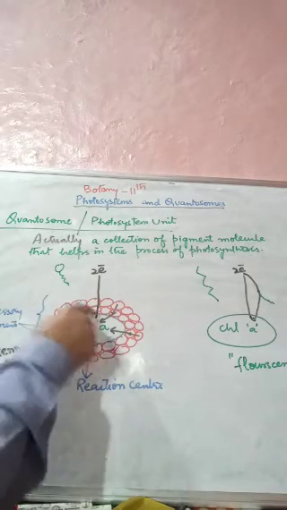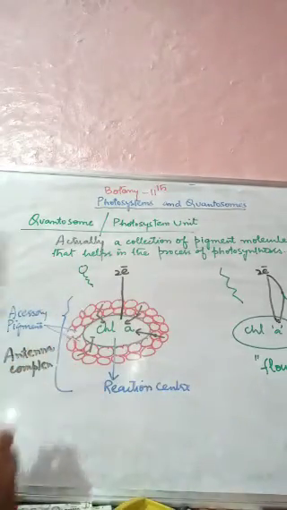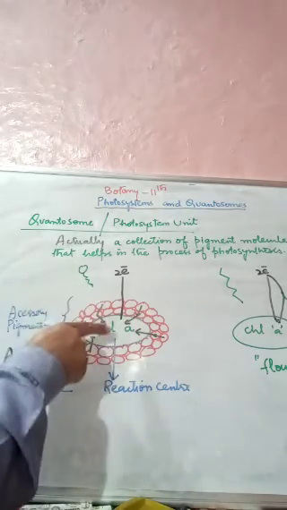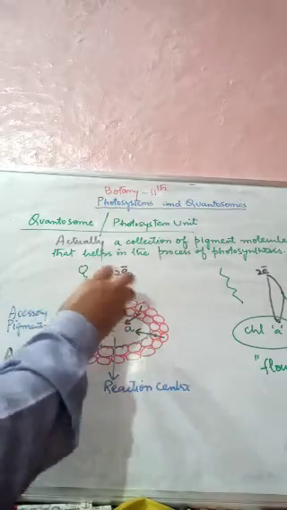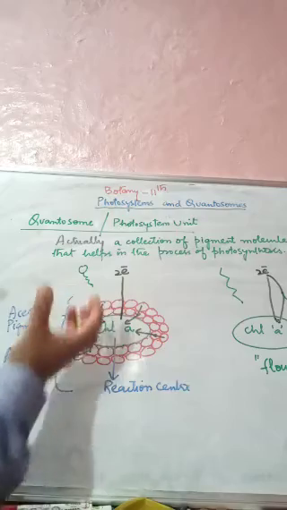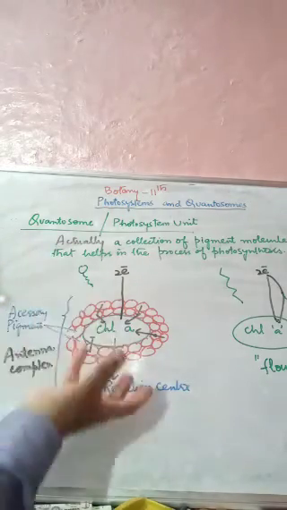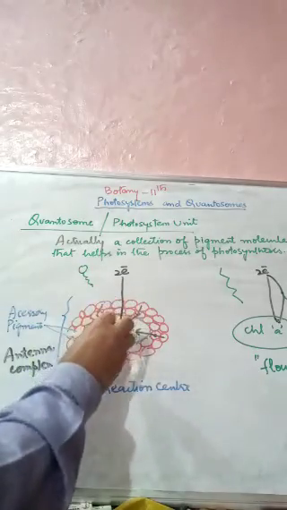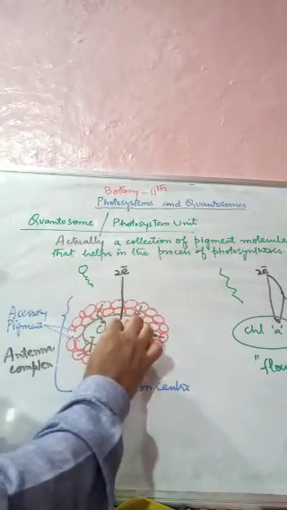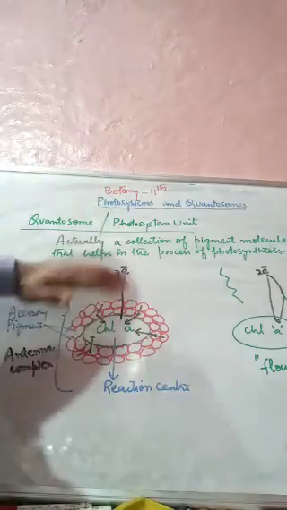In the reaction center is the chlorophyll A, surrounded by accessory pigments like carotenoids, phycobilins, chlorophyll B, C, D, E, etc. When the rays of the sun fall on these different pigments, they absorb different wavelengths and the energy is passed on to chlorophyll A. When sufficient energy reaches chlorophyll A, a pair of electrons gets excited and moves away.